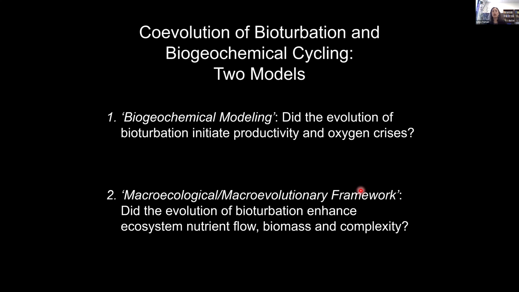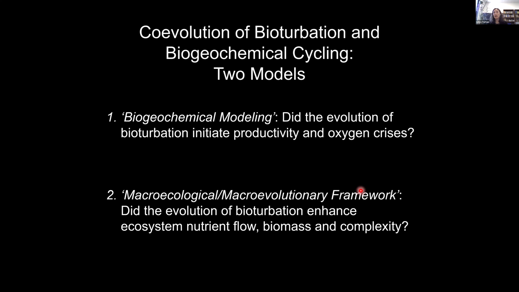But what about the biogeochemical impact of ancient bioturbation? You might recall I left us with these two apparently dichotomous frameworks. On the one hand, studies that have recently employed geochemical modeling have suggested that the emergence of sediment mixing would have had a negative impact upon both productivity and oxygen levels in contemporaneous ocean waters.